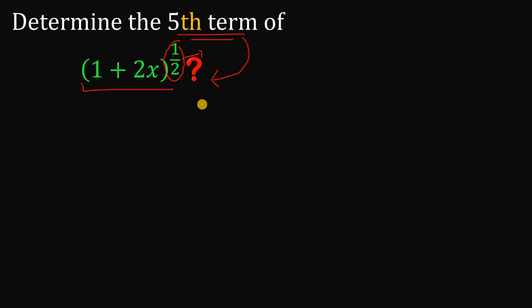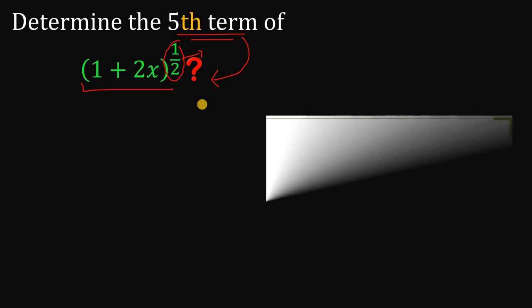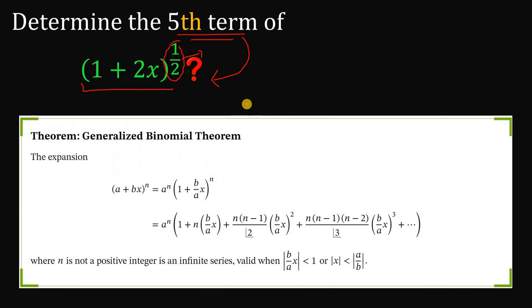To answer this question, we will use some theorem, of course. So let's have the generalized binomial theorem. The expansion of (a + bx) raised to the power of n is equal to a raised to n multiplied by (1 + b/a times x) raised to the power of n.